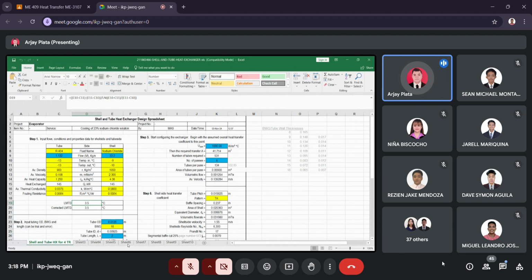The problem here is that it's not user friendly. So that's why I'm asking if some of you are able to improve this calculation using Visual Basic.